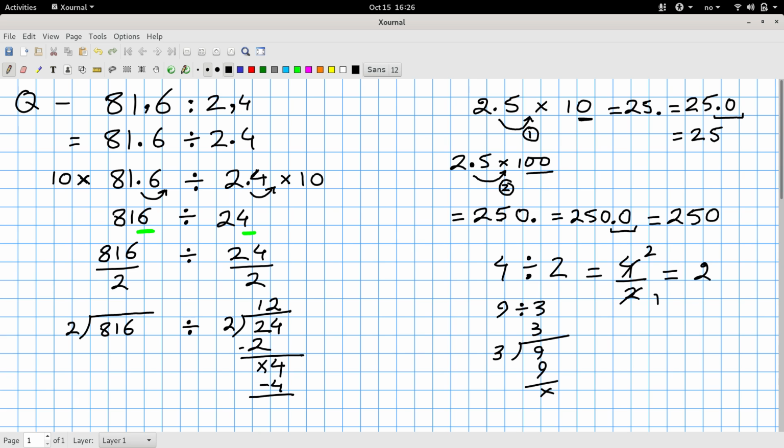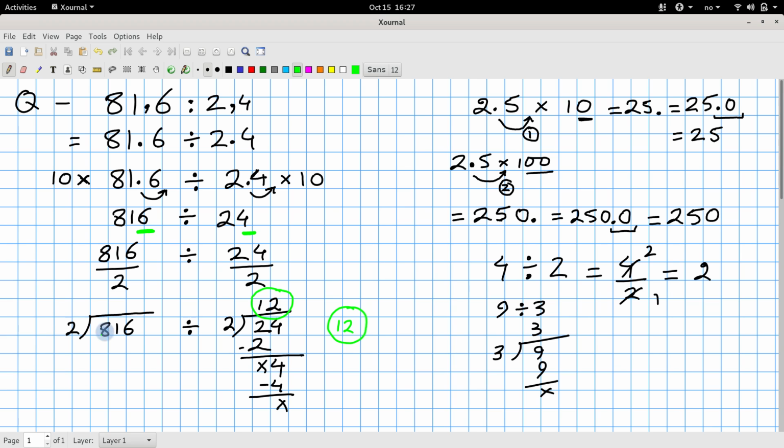And then you subtract that, and you get nothing here because 4 minus 4 is 0. So your answer to this particular subdivision is 12. Right, so let me write 12 here.